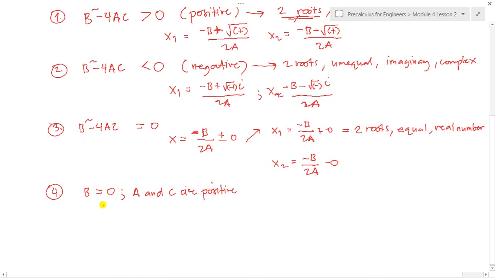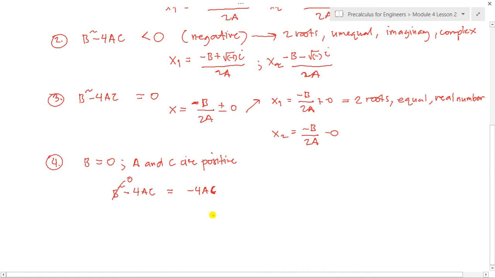So the coefficient of a and c are positive. So what will happen to our discriminant? So b squared minus 4ac. So si b daw magiging 0, then both of them are positive. Therefore, yung resulting answer inside the radical sign is negative 4ac, which is a negative number. So therefore, again, class, may negative number na naman.